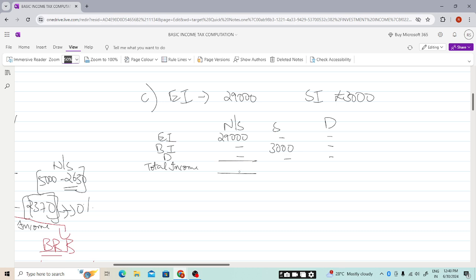Our total income for non-saving is 29,000 pounds. For saving income it is 3,000 pounds, and for dividend income it is 0. Less relief. Any relief is available? No relief is available. The order must be non-saving, saving and dividend. This will give rise to our net income. What will be our net income? Our net income will be same as total income.